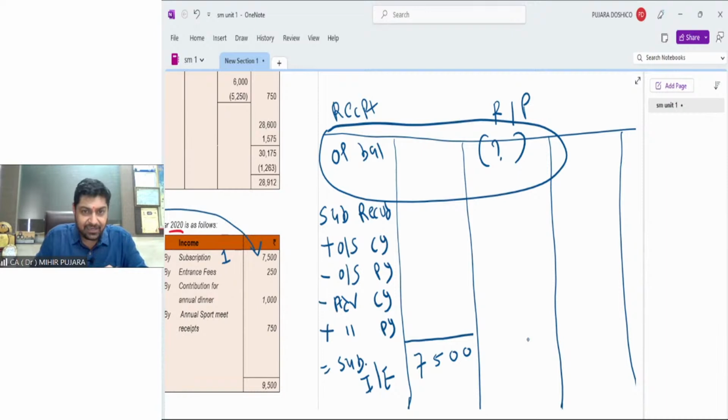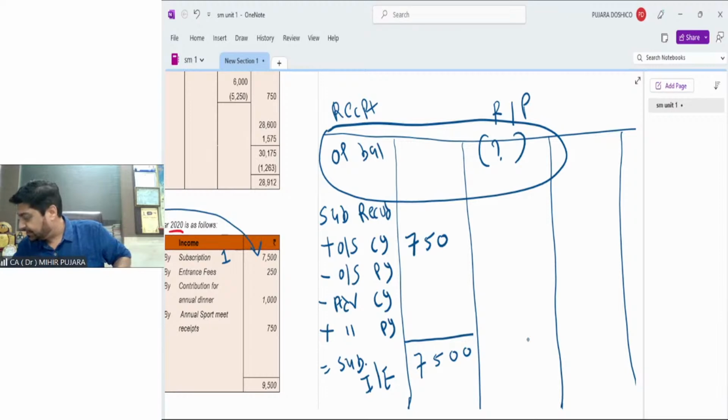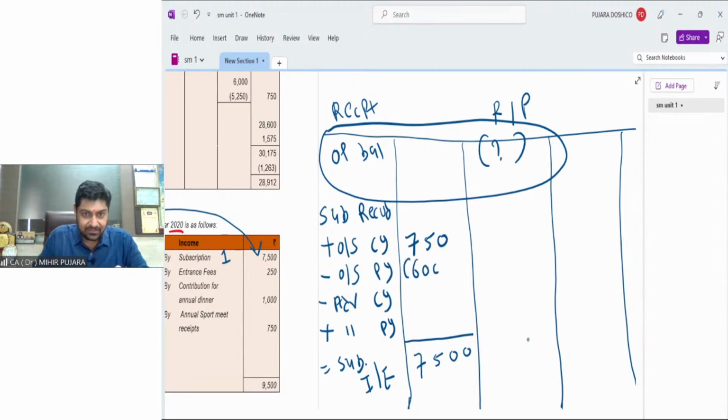Outstanding of current year is 750. What is the outstanding of previous year? That is 600. What is the advance of current year? Advance of current year, it is 270.